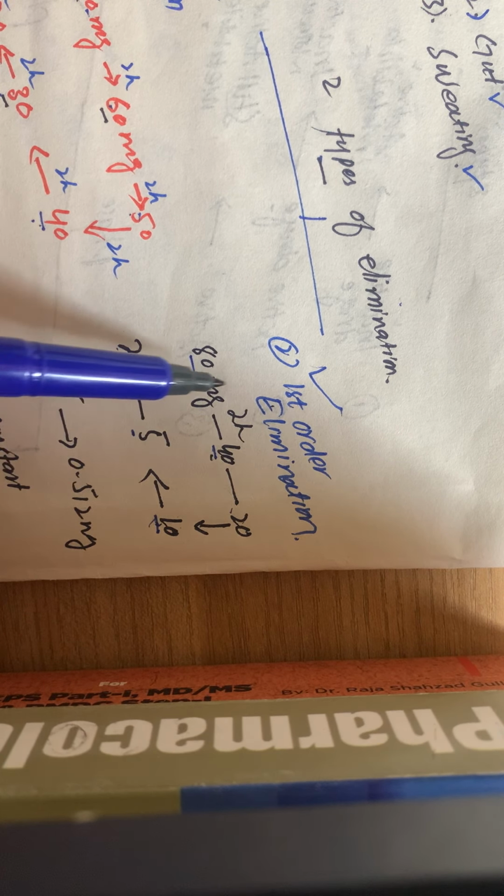So let me talk a little bit about the half-life of a drug. The half-life of a drug refers to the amount of time which is required for half of a drug dose to be metabolized, or we can simply say that it is the time period at which the plasma drug concentration will become half.